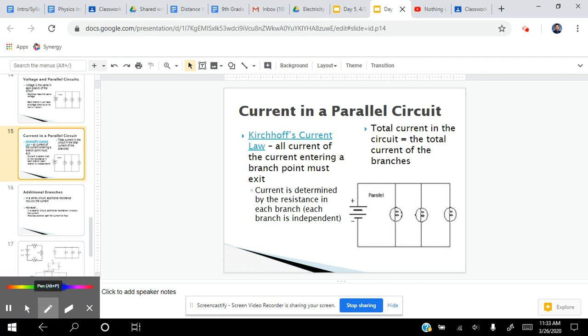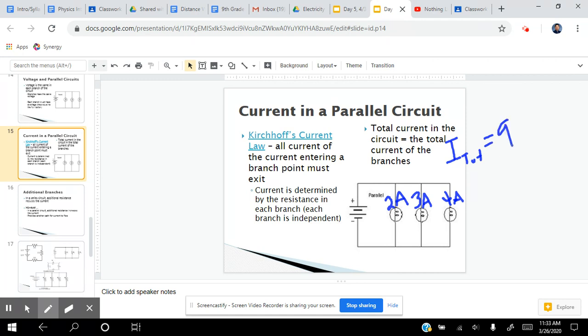For instance, if I have 2 amps running through this branch, 3 amps through this branch, and 4 amps through this one, the total current, or current EQ, or equivalent current, is equal to 2 plus 3 plus 4. So we would have a grand total of 9 amps of current in this situation.